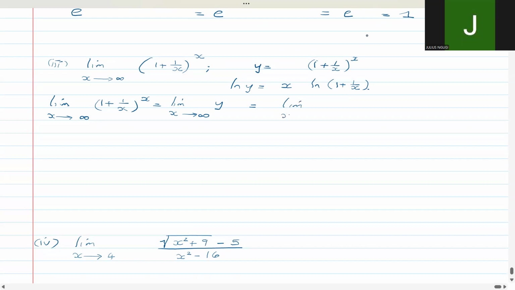Limit as x approaches infinity of exponential natural log of y, which is still y. And this is the same as limit as x approaches infinity of exponential of natural log of y, which is ln of y, so it's x ln of 1 plus 1 over x.